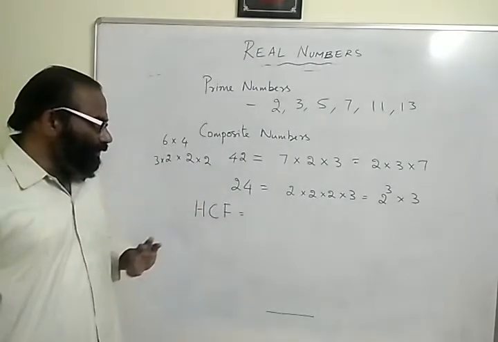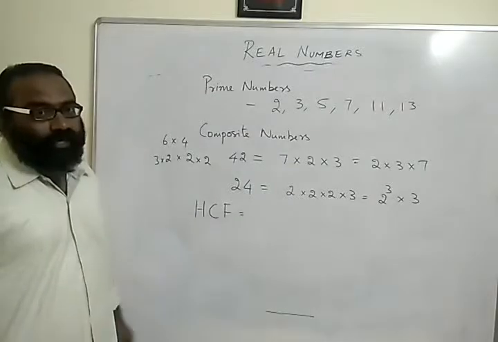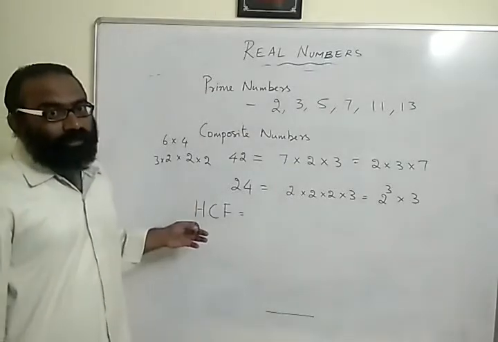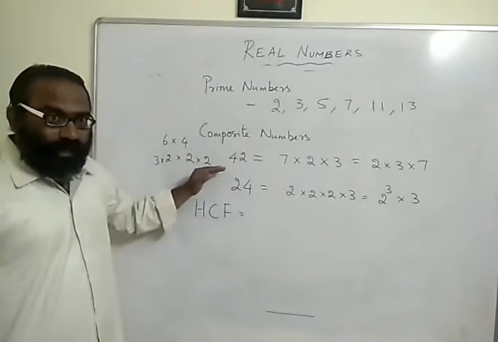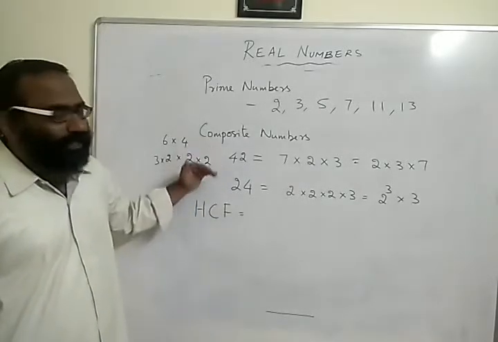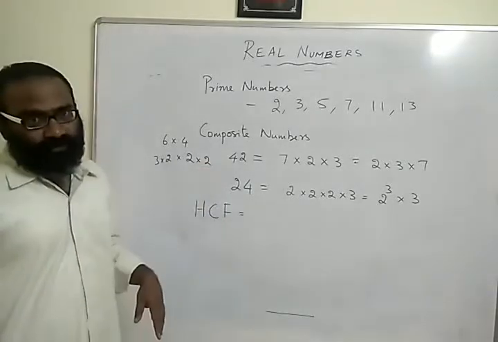If you have two of these numbers, the highest common factor is the number which is a factor of both of these, and it must be the highest factor which can divide both of these.